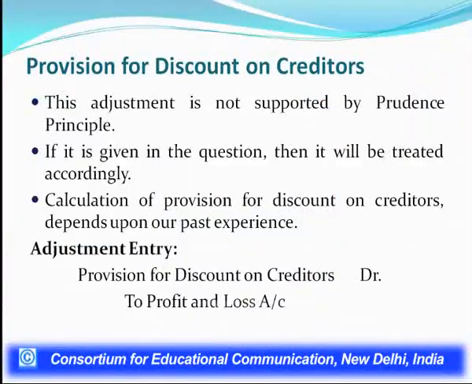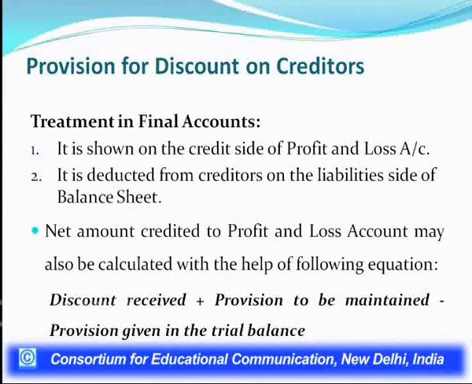The discount to be received will be income for the firm, so it is to be credited, and we pass the adjustment entry: provision for discount on creditors account debit to profit and loss account.